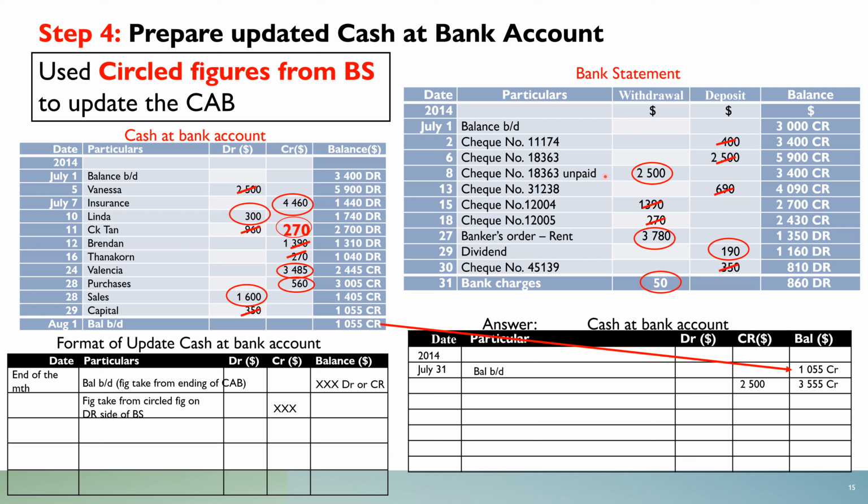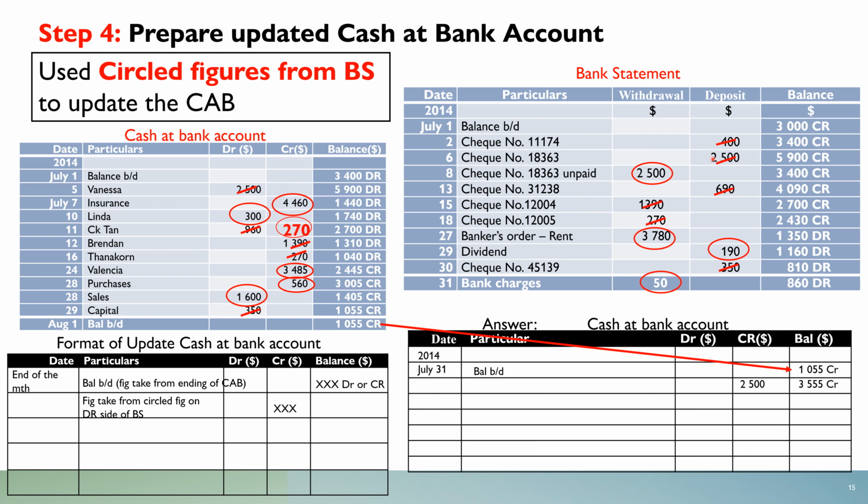Now 2,500, what do I record as here? You look at this: it is an unpaid check, which simply means a dishonored check. Who dishonored the check? You can get the clue from the cash at bank account by looking for this figure, 2,500. So this fella, Vanessa, actually paid us.